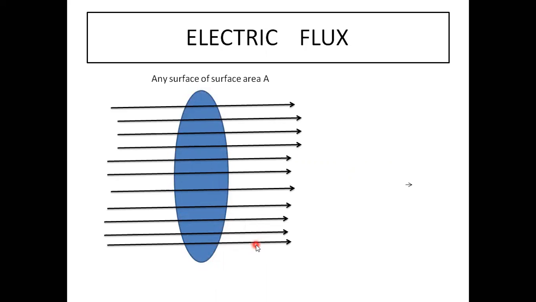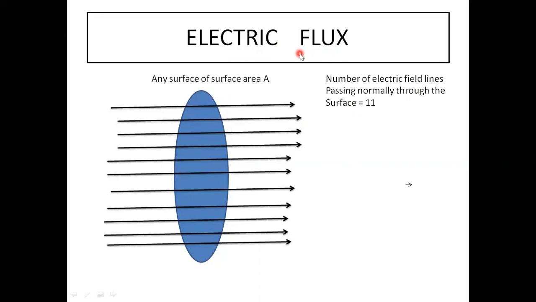Like in this case, how much is it? 1, 2, 3, 4, 5, 6, 7, 8, 9, 10, 11. So 11 field lines are passing through this circular surface normally. Okay. So this number of electric field lines passing normally through any surface is termed under the physical quantity known as electric flux.